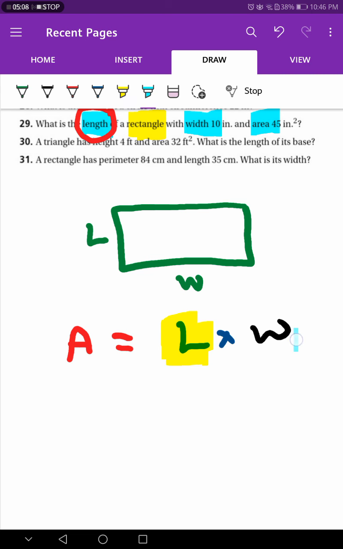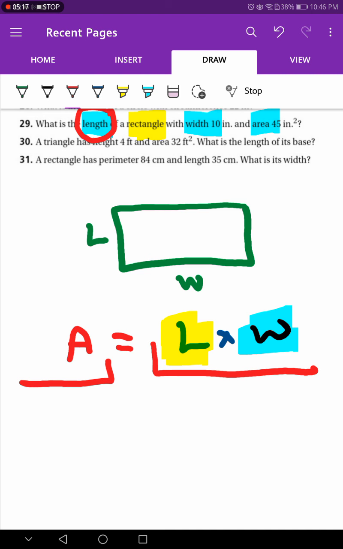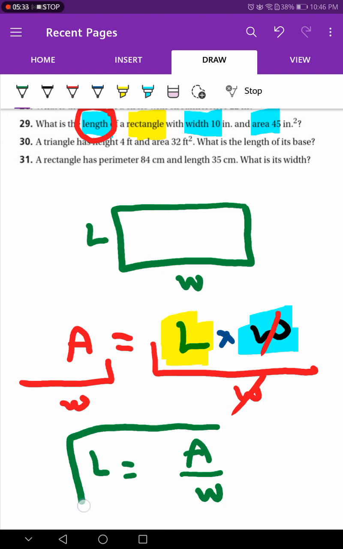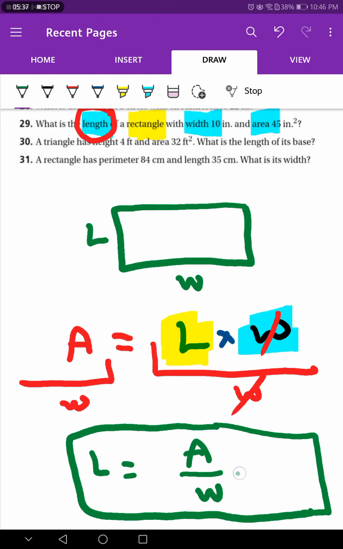Something is stuck with it, which is the W. So divide the right side by W, and what you do on the right, you have to do on the left. So this cancels with this. So the length equals the area over the width. Okay, so the length equals area divided by the width.